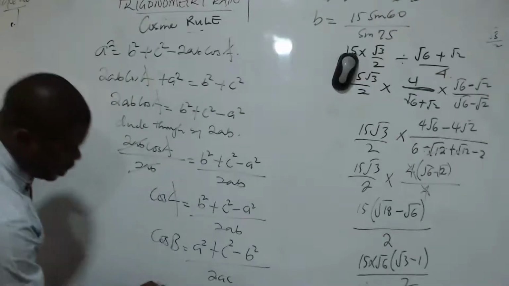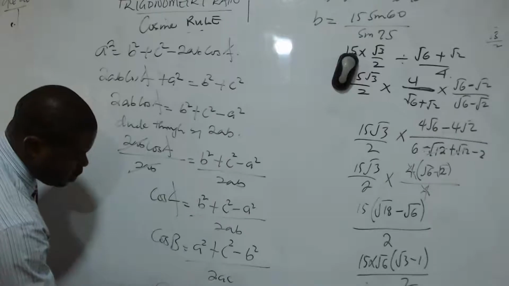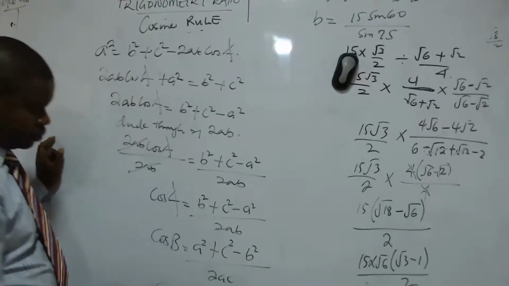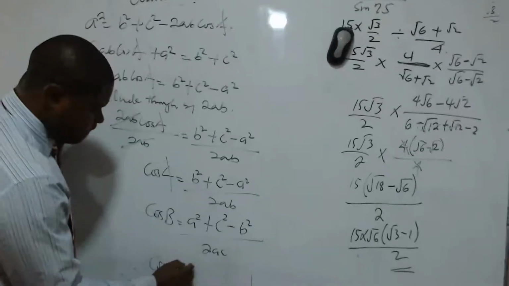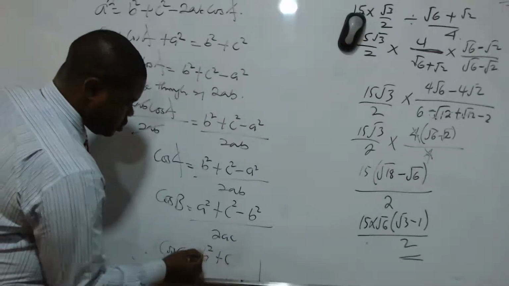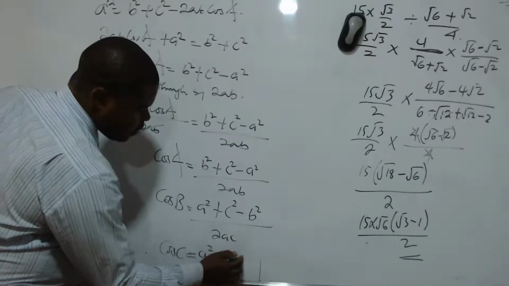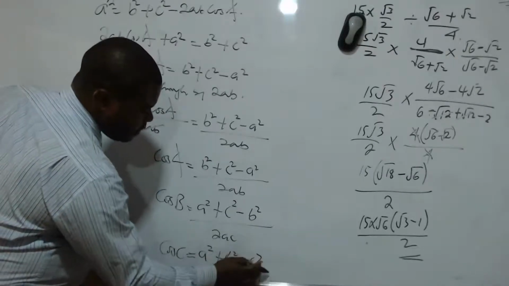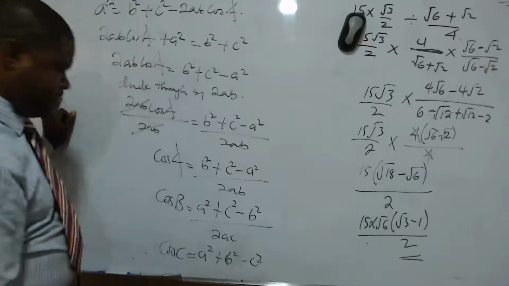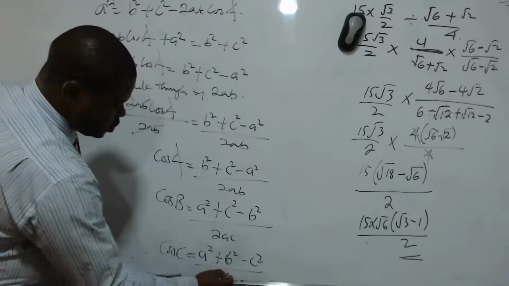Now, if it is angle C, we're going to have A square plus B square minus C square over 2AB.